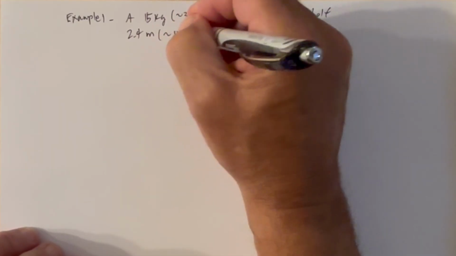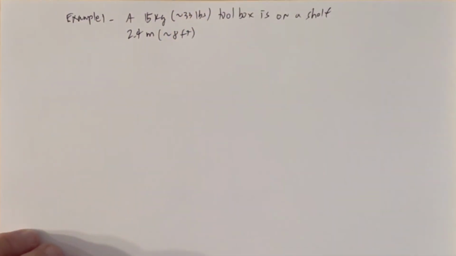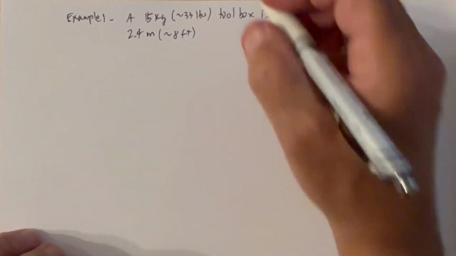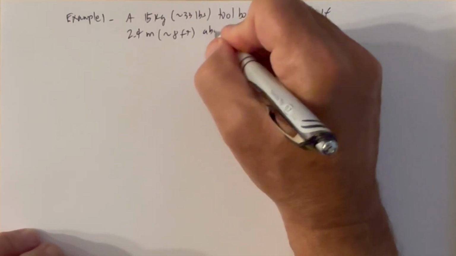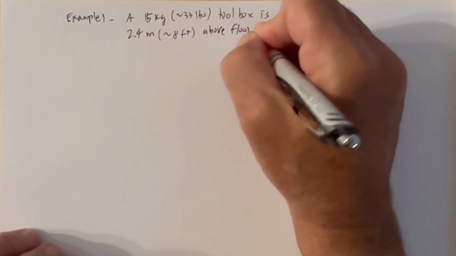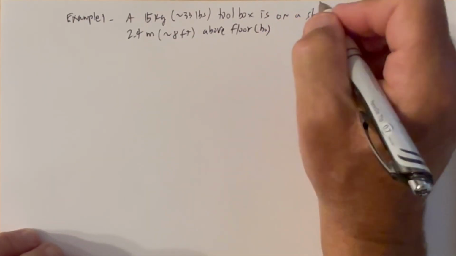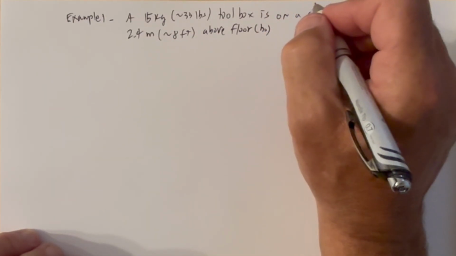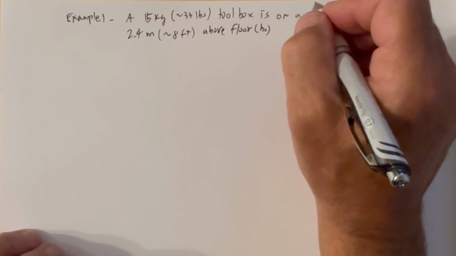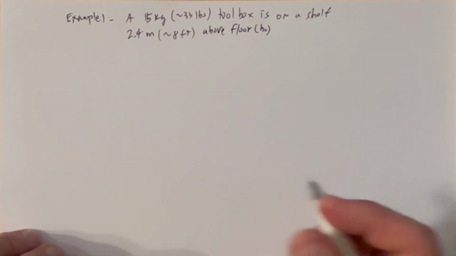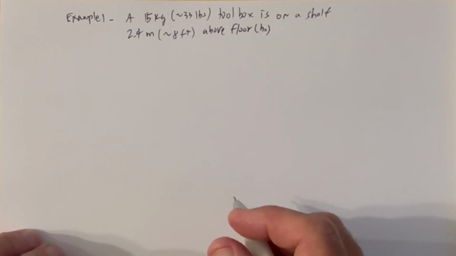That's about 8 feet. So it's kind of up there at the top. It's going to be a big reach. You'll probably have to get a ladder. And that's going to be above the floor, where the floor is going to be our reference point. So that's going to be our h0. And this could be in a 10-story building, so h0 might be 300 feet up or 10 meters up, whatever it might be.